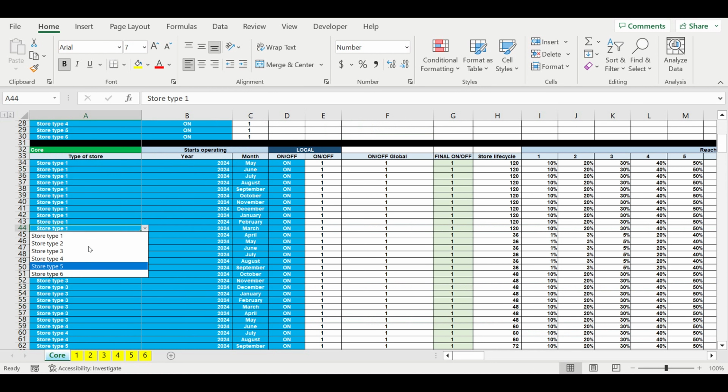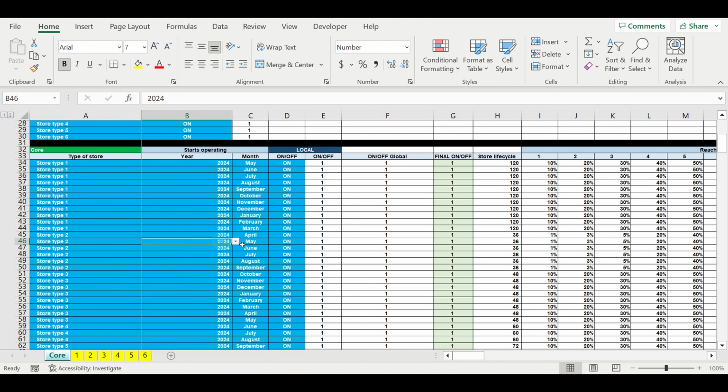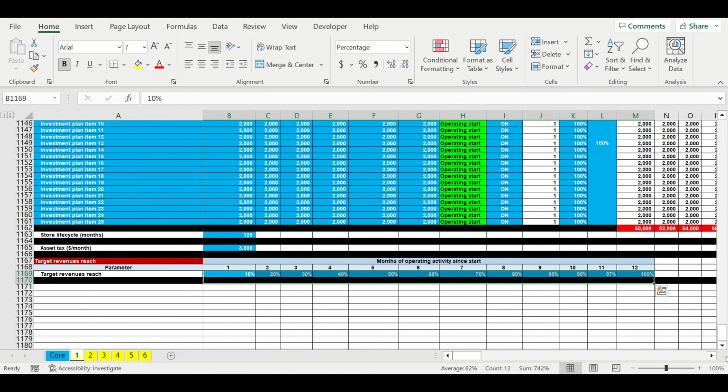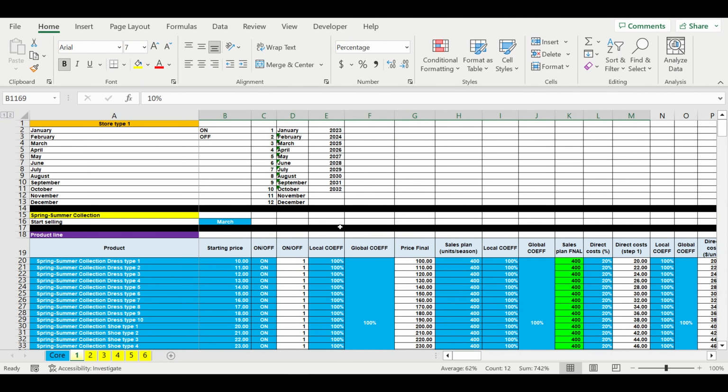We can specify what type of store we're going to open and when. We can switch it on and off from calculations. Here we have some kind of portraits of these stores. We have 6 portraits, and we can choose between these portraits in our chain of 40 stores. Let's first dive into one portrait, and I will show you how it works.